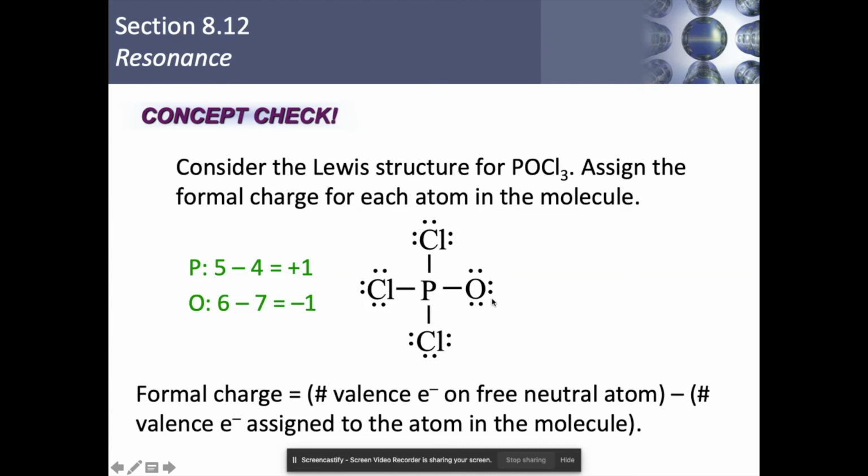How many does it have here with its lone pairs included? I have 6 plus 1 electron from this bond. That means this oxygen has a -1 charge. What about the chlorine? Chlorine wants to have 7. It has 1, 2, 3, 4, 5, 6, plus 1 from here, 7. So these would be the formal charges: a +1, a -1, 0, 0, 0.